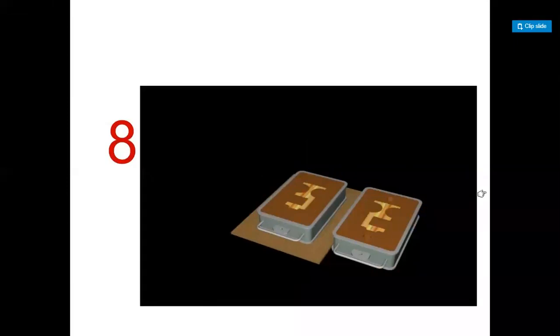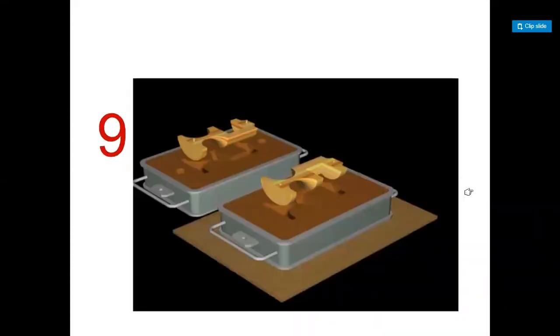In the two boxes the mold making is completed, in the 8th step. After that, he removes the pattern from the boxes.